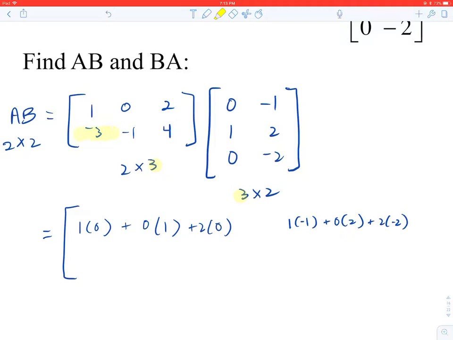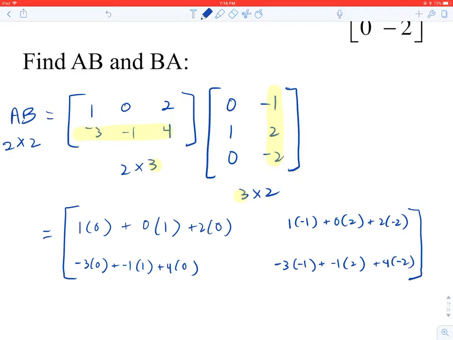Then row 2, column 1: negative 3 times 0 plus negative 1 times 1 plus 4 times 0. And row 2 by column 2: negative 3 times negative 1 plus negative 1 times 2 plus 4 times negative 2.